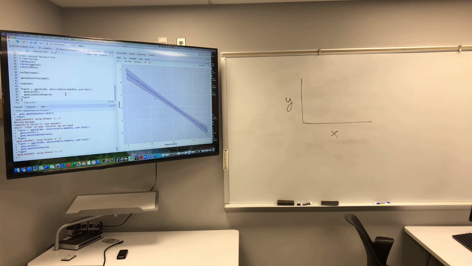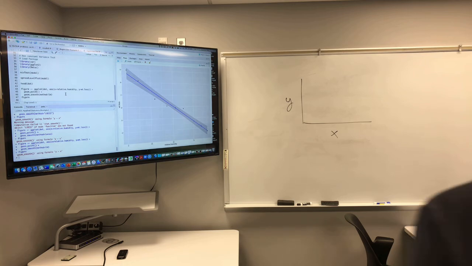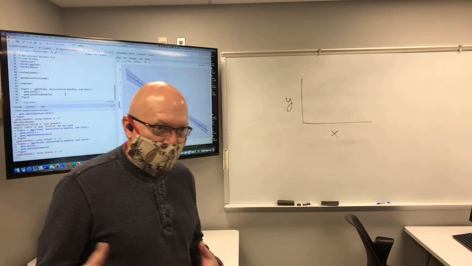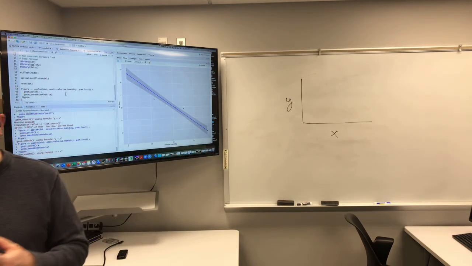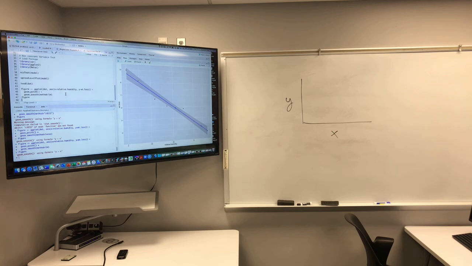What else did you get out of this? It's a 95% confidence interval, and it's a 95% confidence interval of the slope. So what it's basically saying is that you've estimated the slope, and because the estimate of the slope is an estimate, it has error associated with it in the same way that an estimate of a mean has error associated with it.